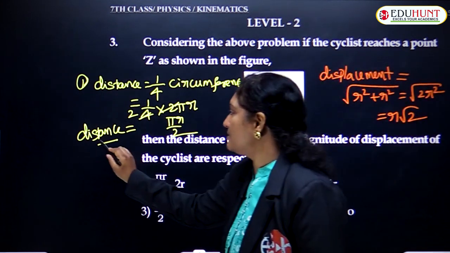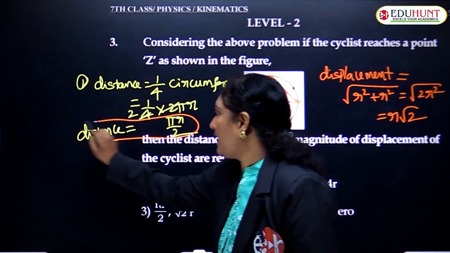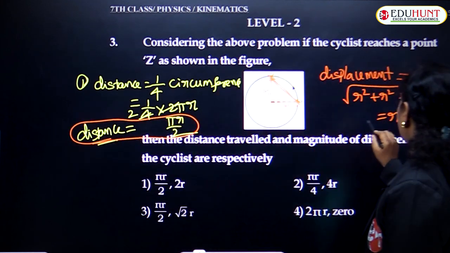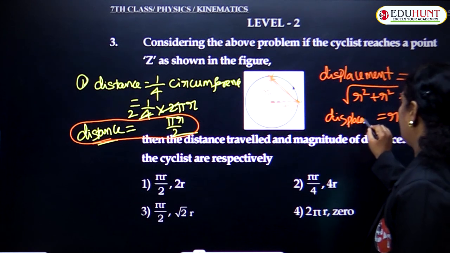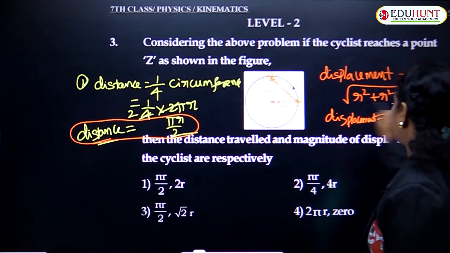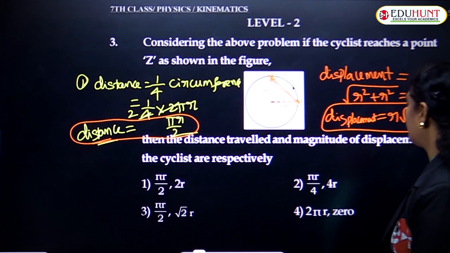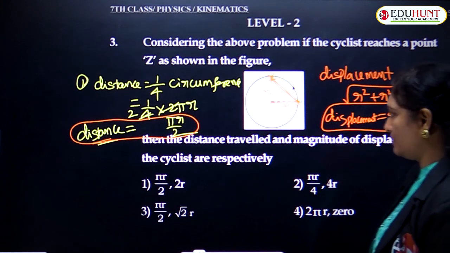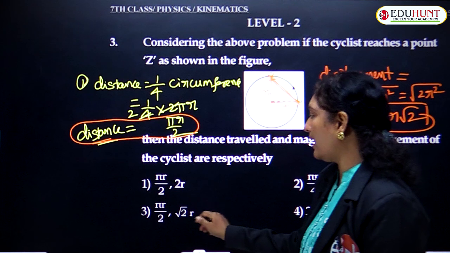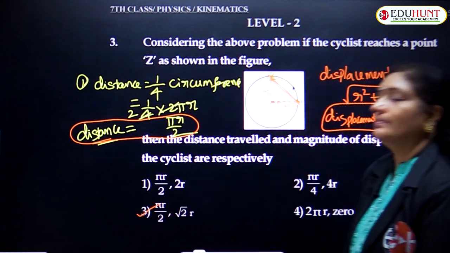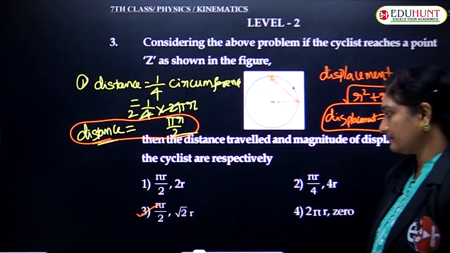Hence the distance you found to be pi r by 2, and displacement is found to be how much, children? R root 2. Hence your option is pi r by 2 comma r root 2. Pi r by 2 comma root 2r or r root 2, both are same. So third answer.